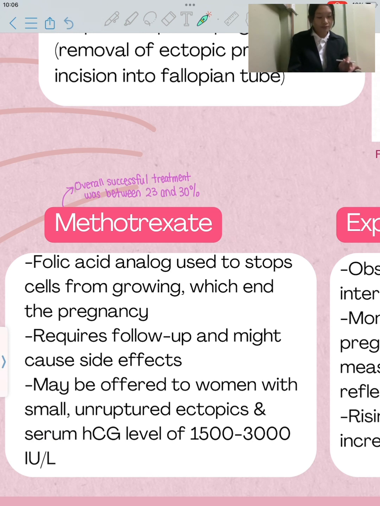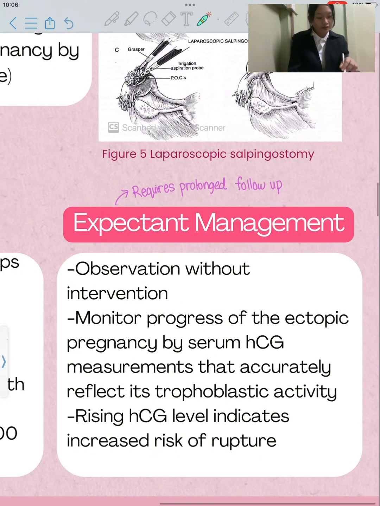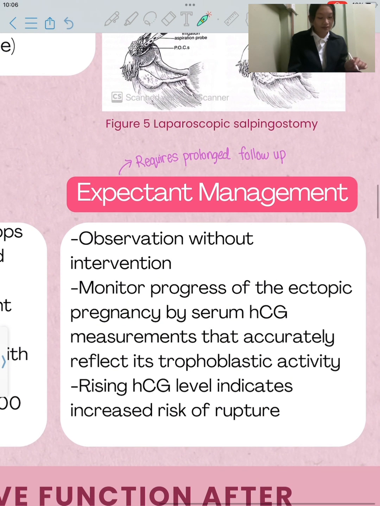Expectant management requires prolonged follow-up, where it is only observation without intervention, and the doctors will monitor the progress of the ectopic pregnancy by the level of serum HCG, because the level will reflect its trophoblastic activity accurately. If the HCG level rises, it might indicate an increased risk of rupture, and other procedures can be planned afterwards.